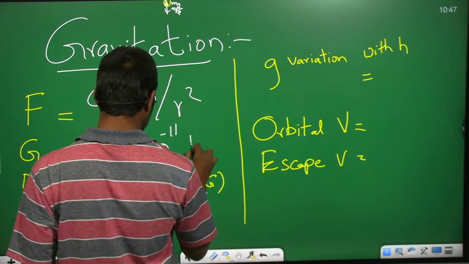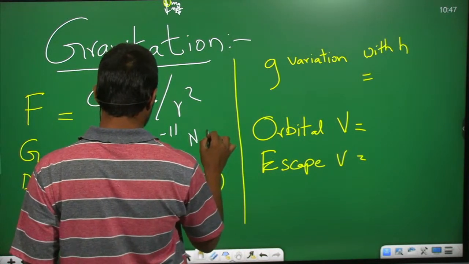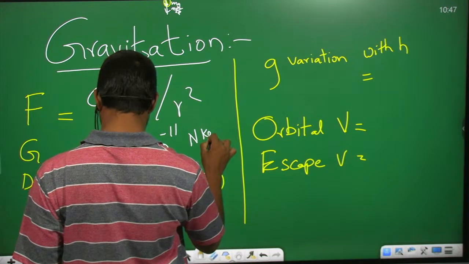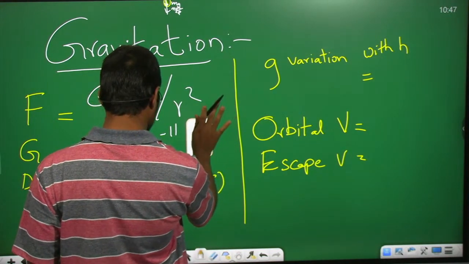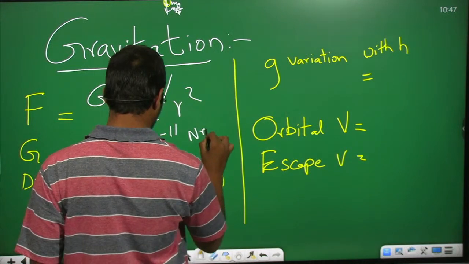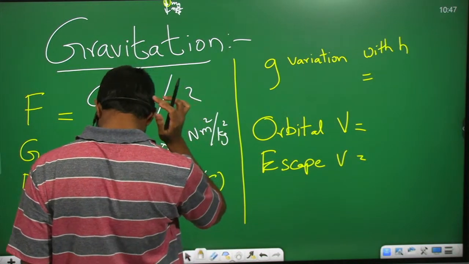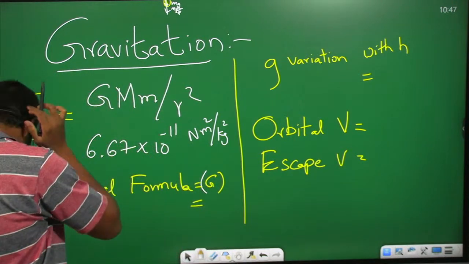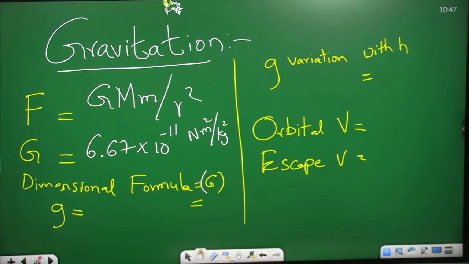This is Newton, kg, Newton meter square per kg square. So try to write the dimensional formula.